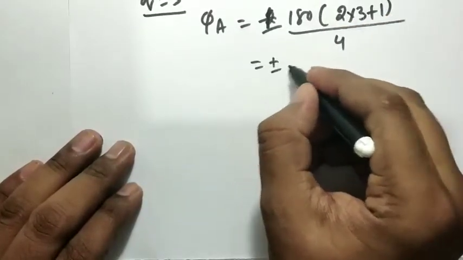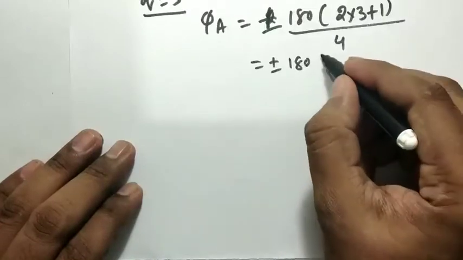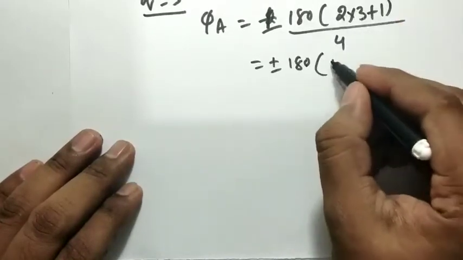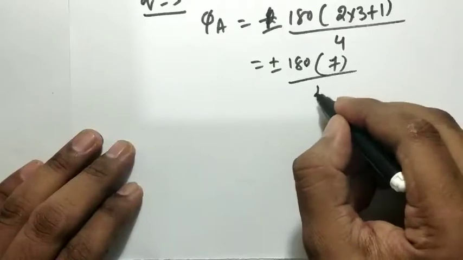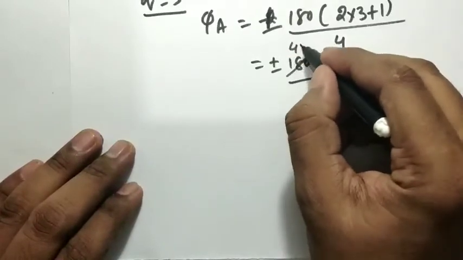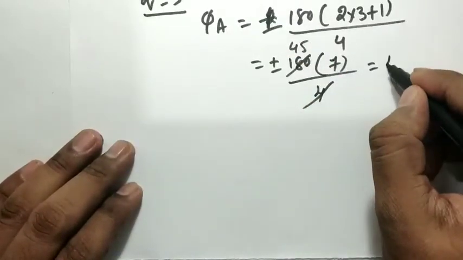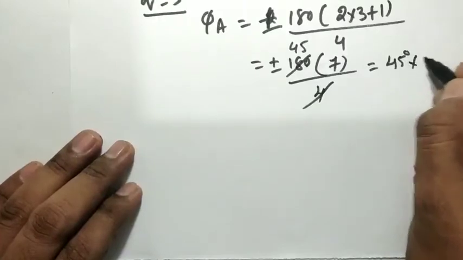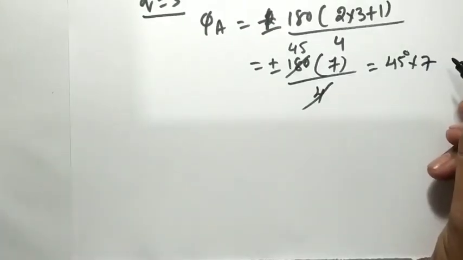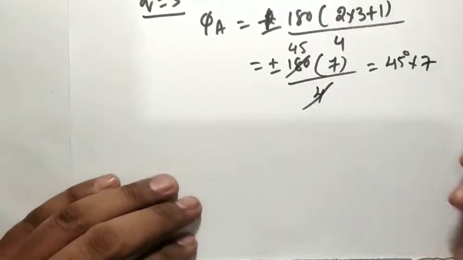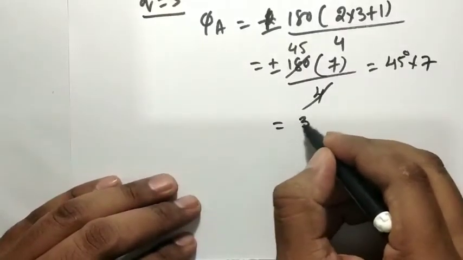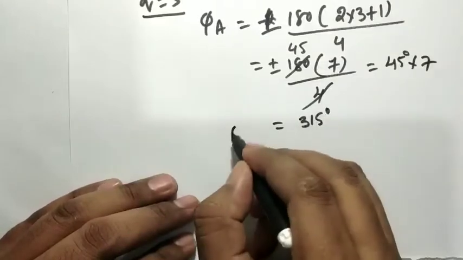So this is 2 into 3, 6, plus 1, 7 by 4, 45 degrees into 7. How much do you get? 315 degrees. So you will get 315 degrees.